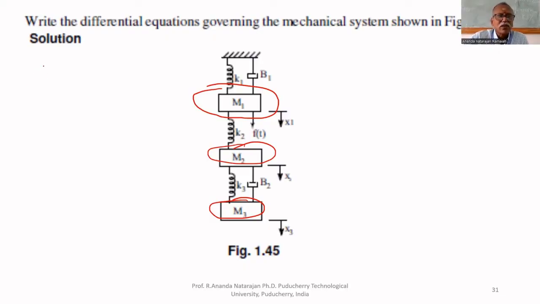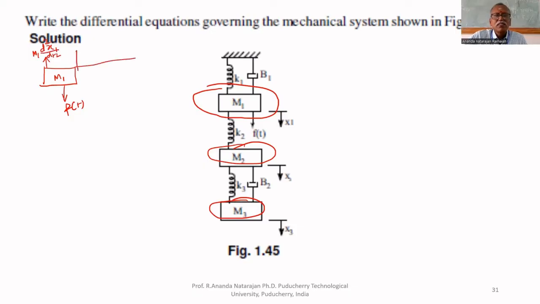First consider M1. What are the forces acting on it? The applied force F of t is acting on it. And what are the reaction forces? The reaction force because of mass is M1 d square x1 upon dt square, where the displacement is x1.